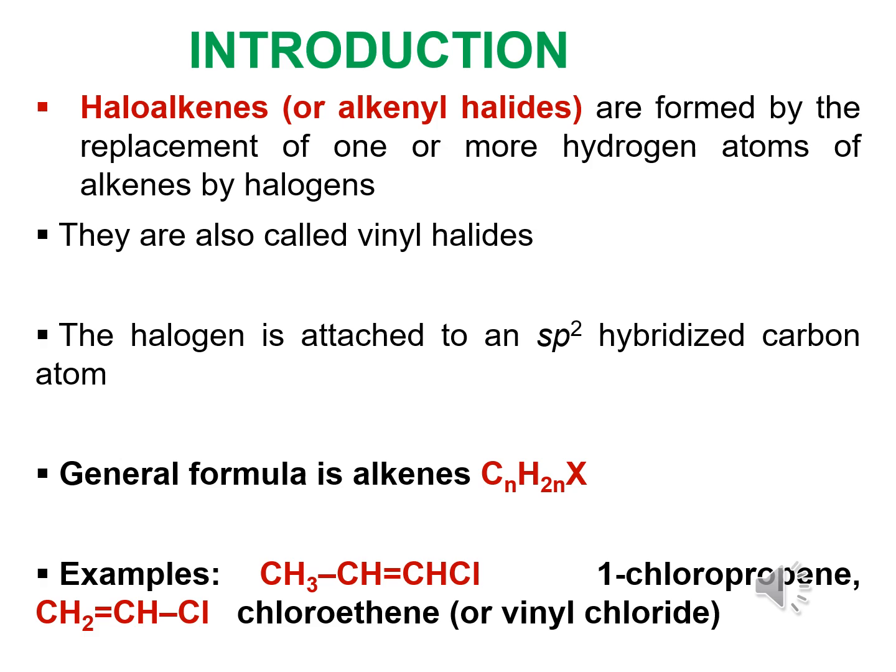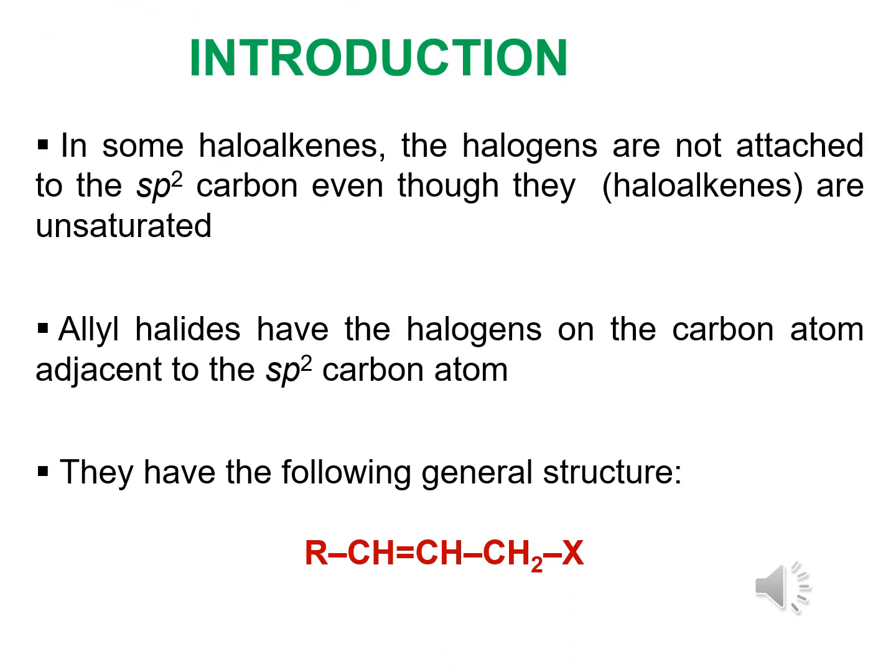Haloalkenes are called vinyl halides because alkenes are sp2 hybridized. Vinyl halides are also sp2 hybridized. But there are some haloalkenes where the halogens are not directly attached to an sp2 carbon.